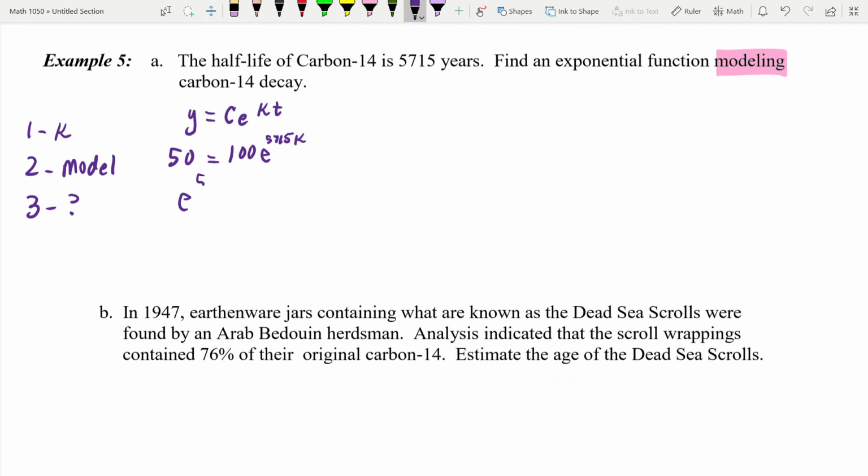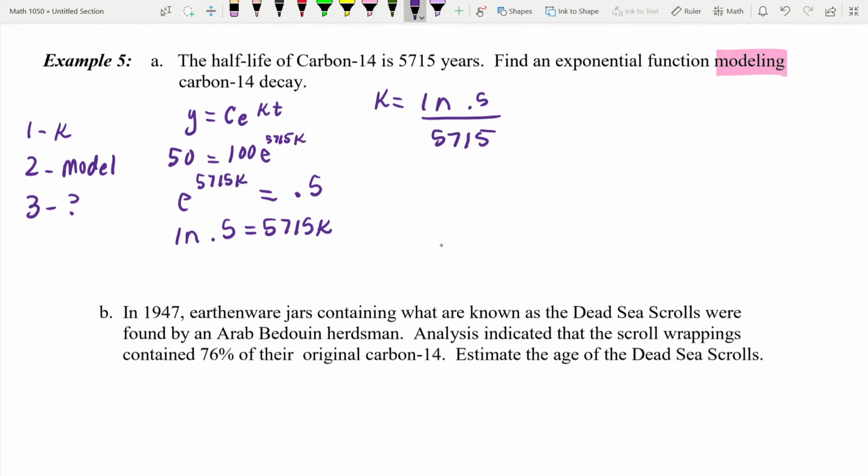So I have e to the 5,715K is 50 divided by 100, which is 0.5. Now I'm stuck, so I convert it. So ln 0.5 is equal to 5,715K. To solve for K, you divide. So it's ln 0.5 divided by 5,715.